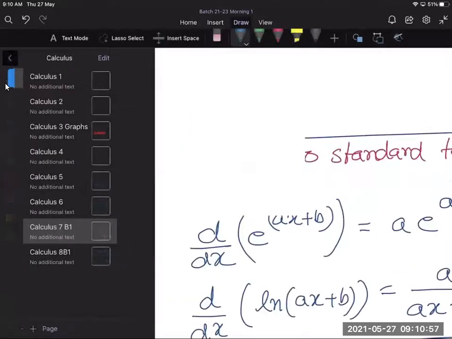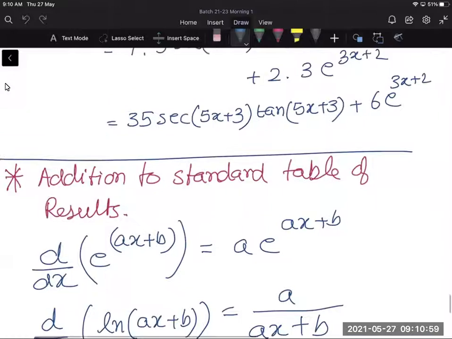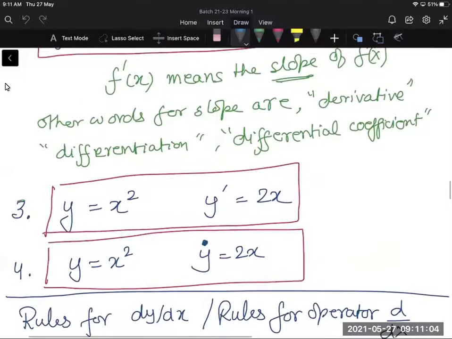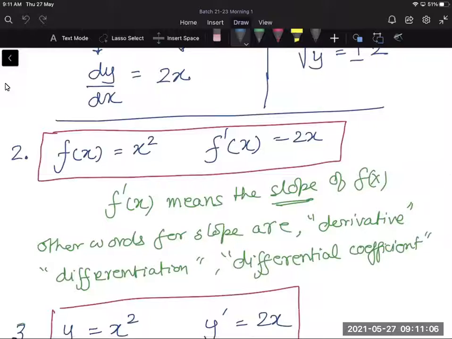and I remember that among the many notations of d by dx, we had this as well, right? So f(x) is x square, f dash x is 2x, right? So what I can do is this is the same as d by dx of f(x). No difference at all. So some clever guy said that I don't want to write this, who will write something so long, just put a dash.